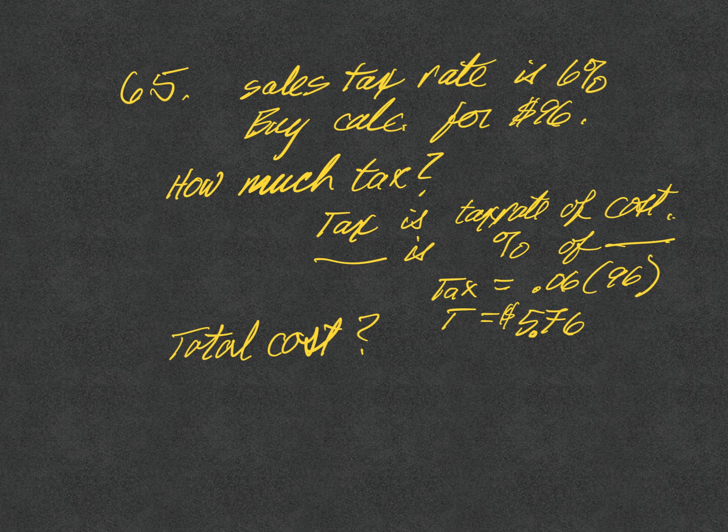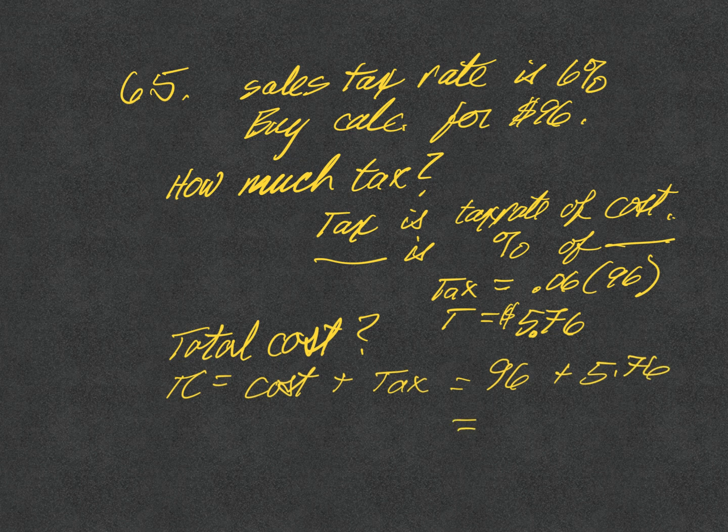Well, total cost is always the cost plus the tax in this case. So total cost. And so we need to think of this in a normal way. And so the cost was $96 plus $5.76. So the total cost is equal to $101.76.